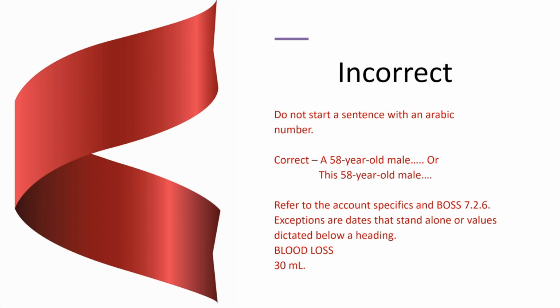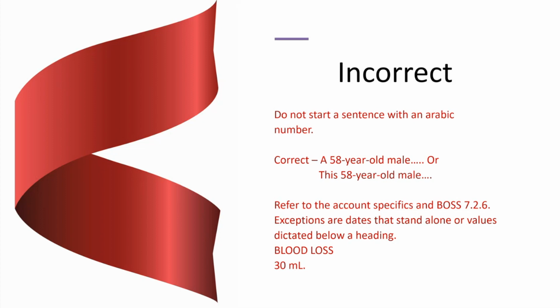The correct way to do this would be to add a small word like a 58-year-old male or this 58-year-old male. Our account specifics cover this. The Book of Style covers this. There are some exceptions to this where dates and values that stand alone under a heading can begin with an Arabic number like 30 milliliters.